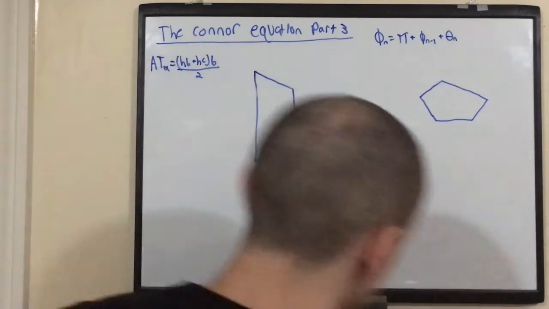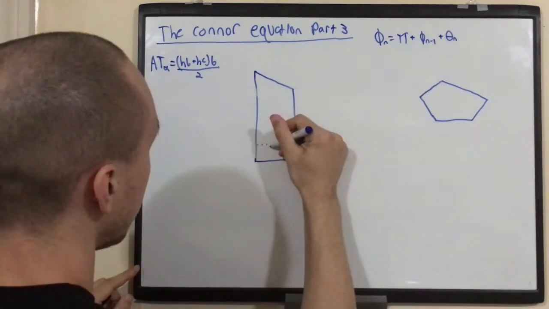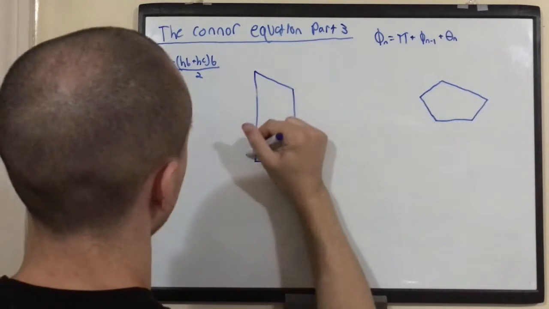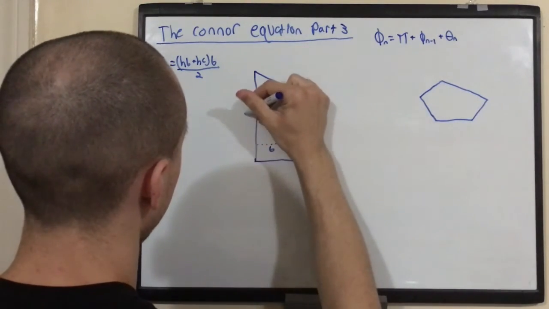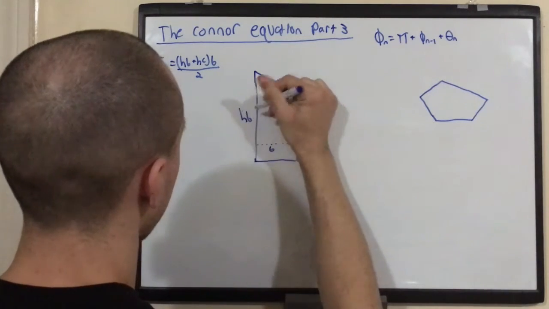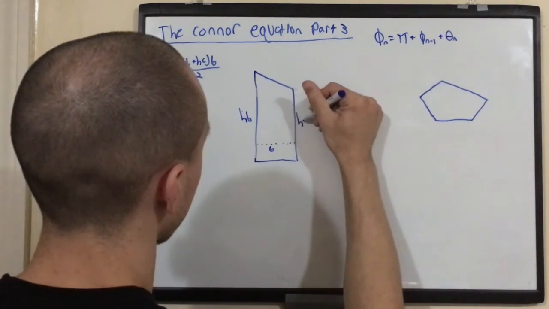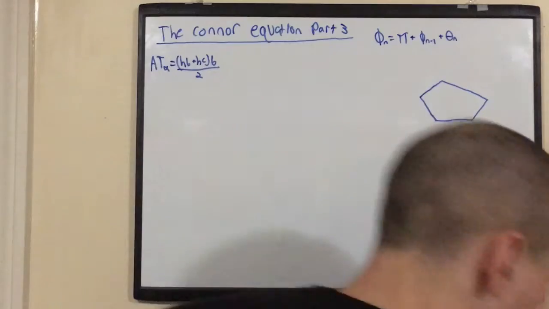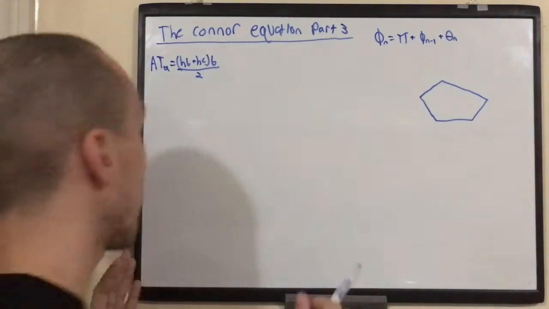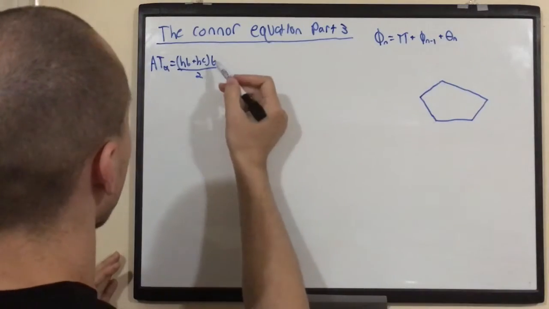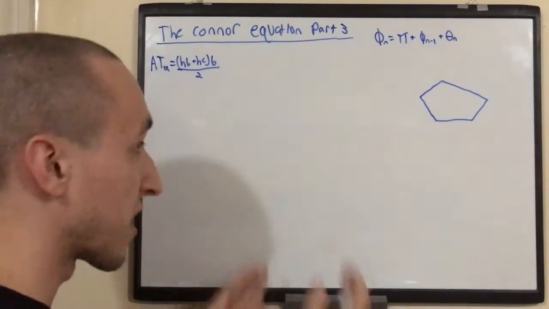So now, before I erase it, this is B. This side will be, this would be HB, and this would be HC. Let's focus on calculating the B part, okay?